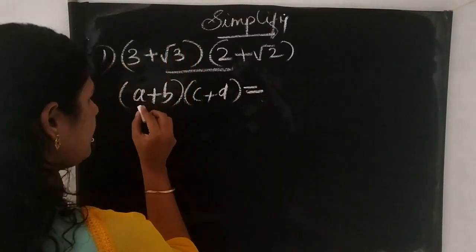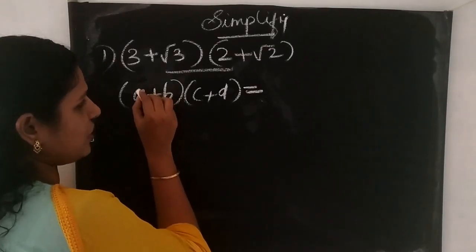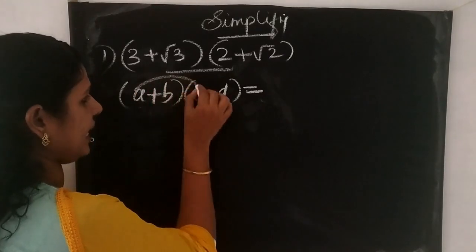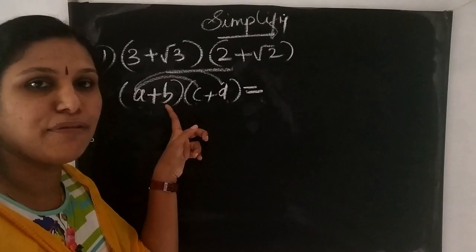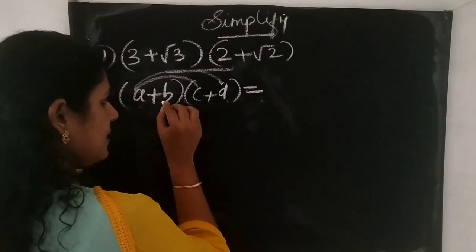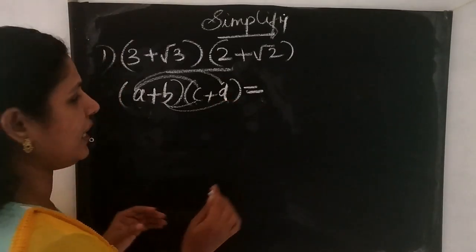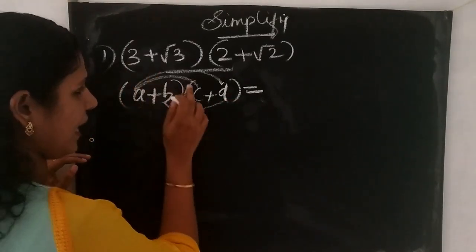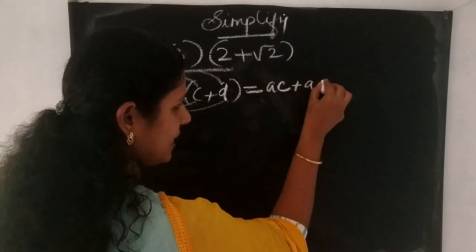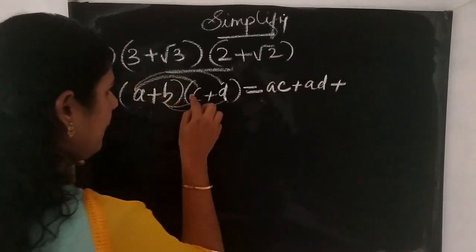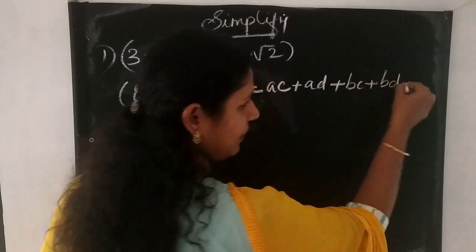The first number in the first bracket we multiply with each number in the second bracket, and then the second number in the first bracket we multiply with each number in the second bracket. Like that, A into C is AC, then A into D is AD, plus BC plus BD.